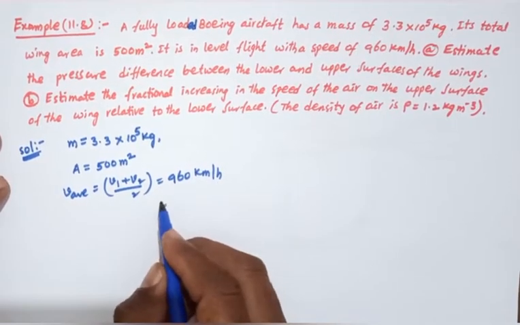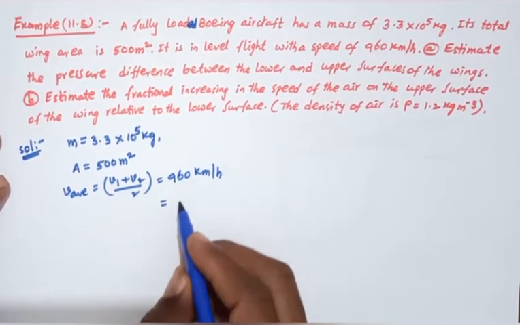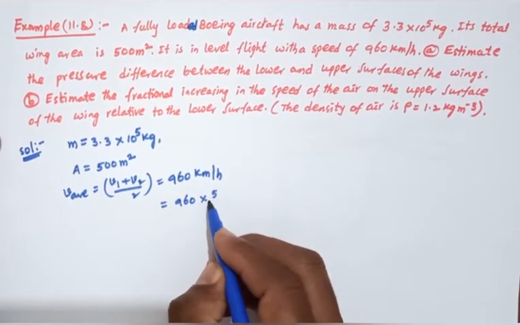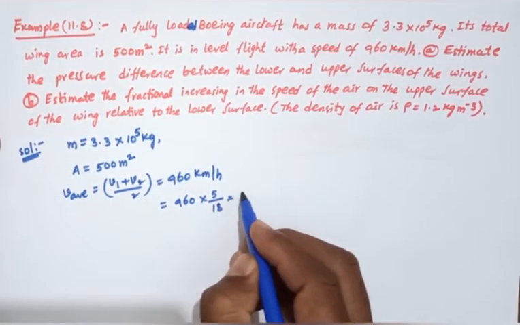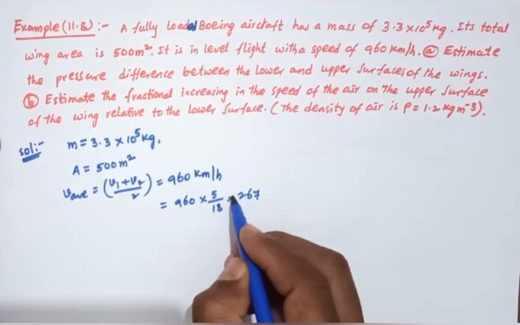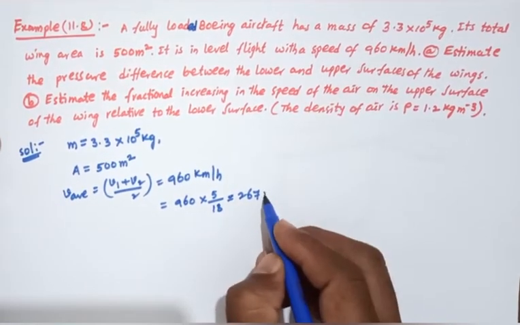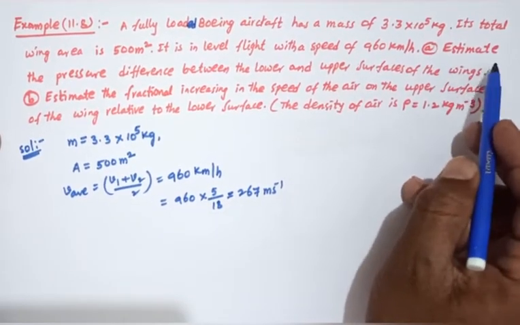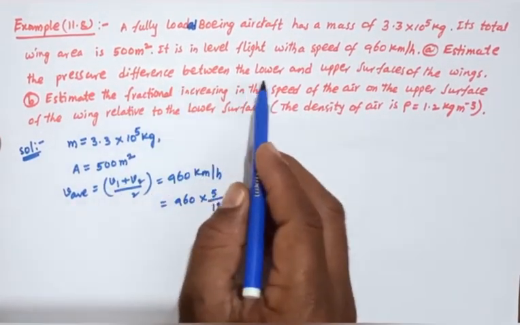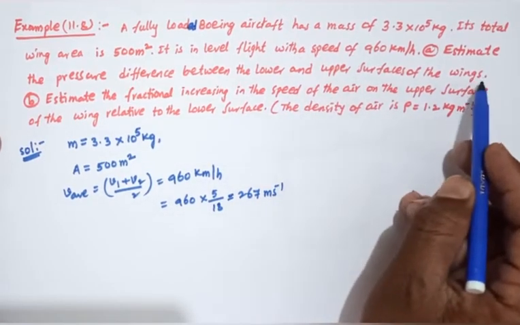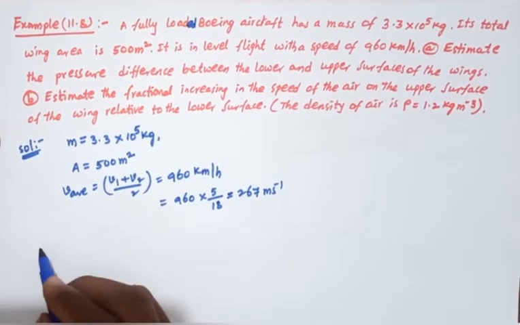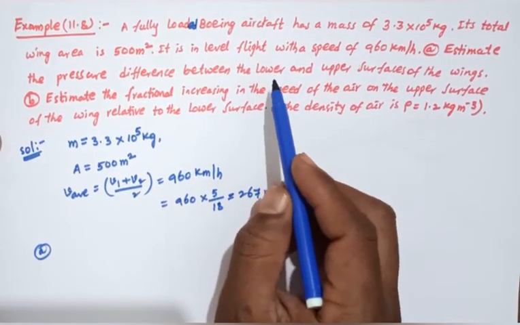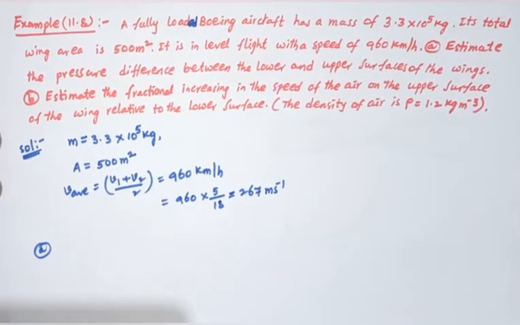It is converted to meter per second: 960 into 5 by 18 equals nearly 267 meter per second. Then estimate the pressure difference between the lower and upper surfaces of the wings. First, we can apply Bernoulli's principle.